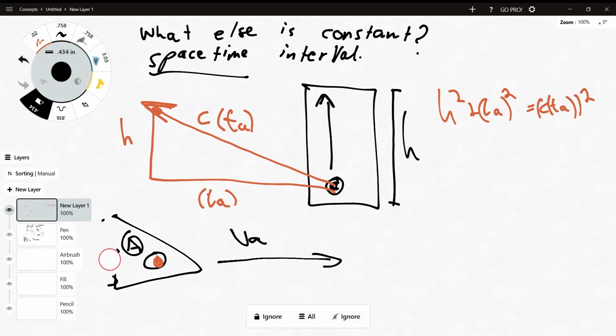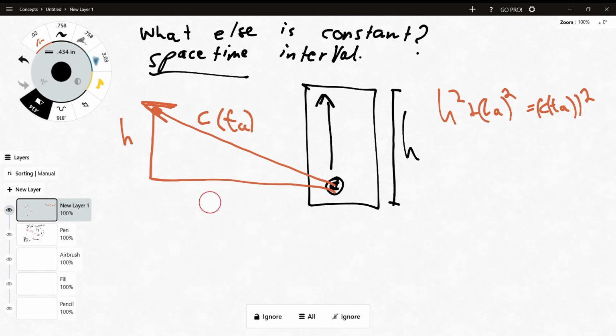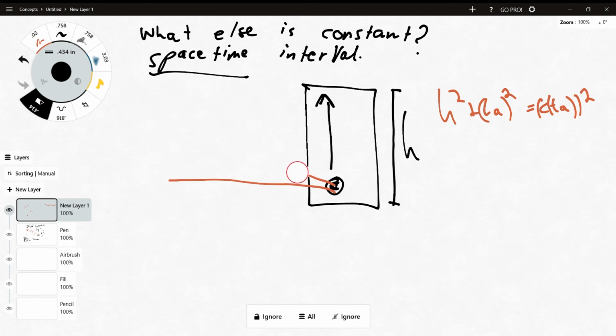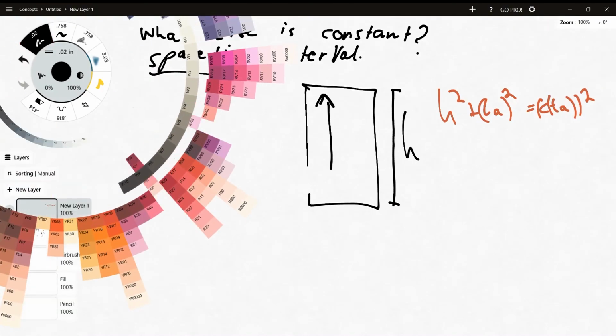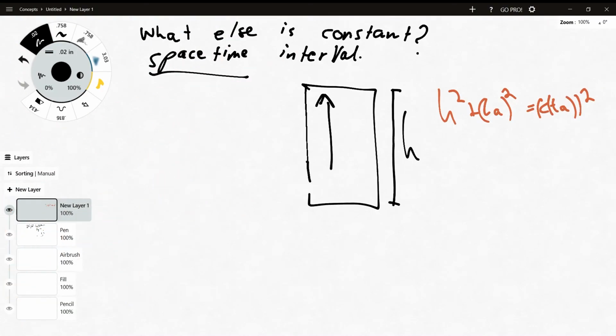Now, I restart the situation, and I rub out our rocket, and I say, okay, now that ship A is gone, we have ship B following immediately.